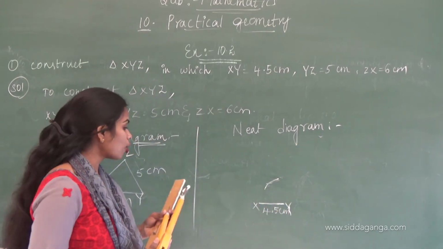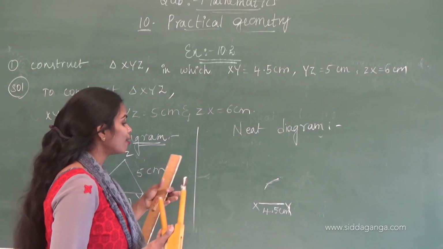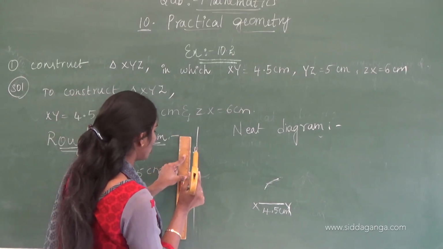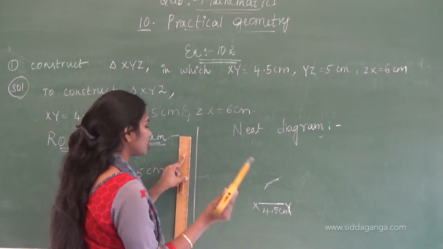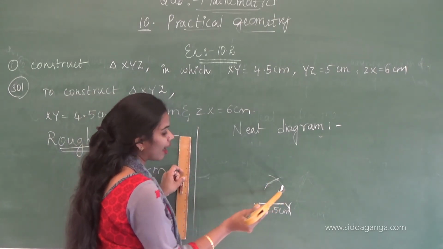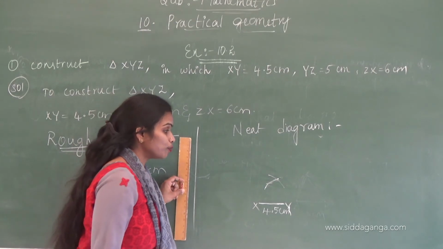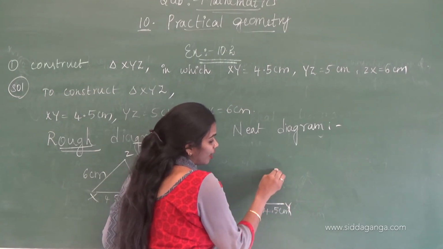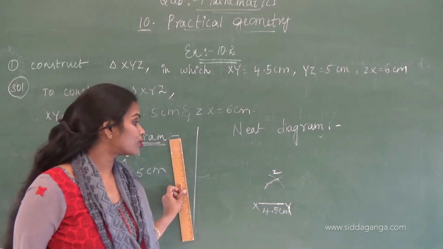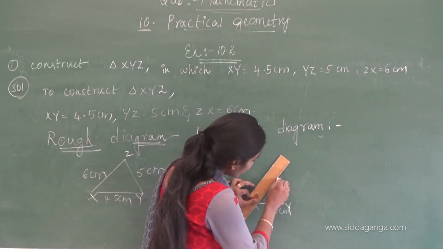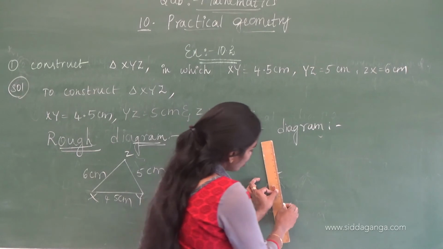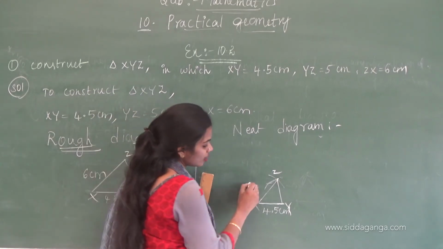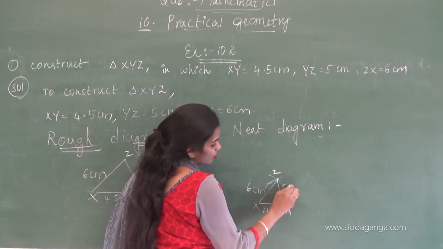Correct. Then I have to measure ZX, which is 6 centimeters, in the ruler. I take 6 centimeters of length and draw an arc which will cut the 5 centimeter arc from Y. I take the point of intersection of the two arcs as Z, and then I join ZX, that is 6 centimeters, and ZY, that is 5 centimeters.